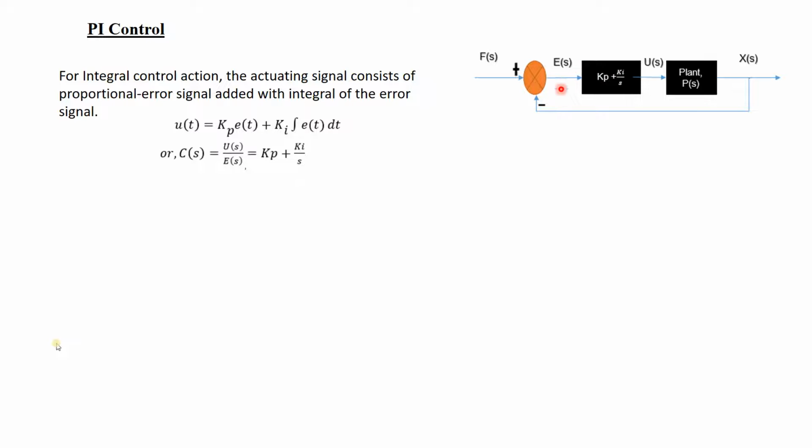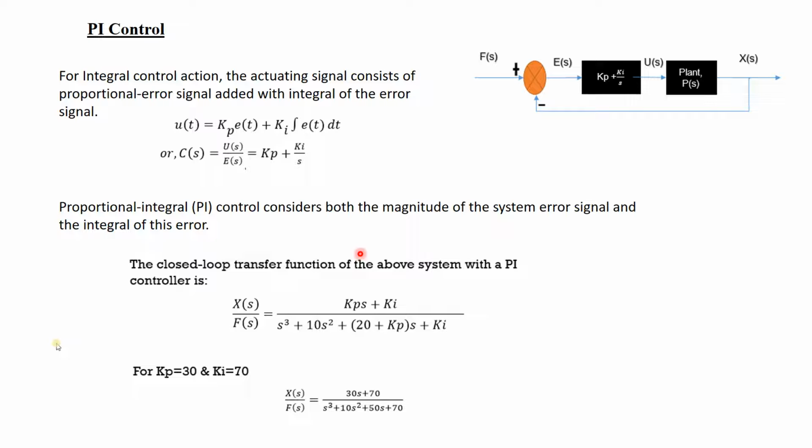As you know, the closed loop transfer function X(s) by F(s) will be C(s) into P(s) by 1 plus C(s) into P(s), where C(s) P(s) is the forward path, open loop transfer function.